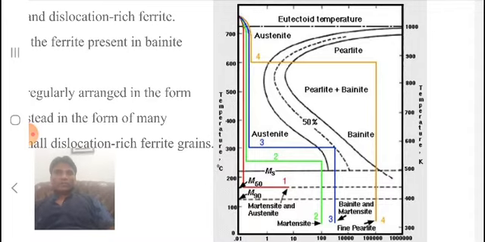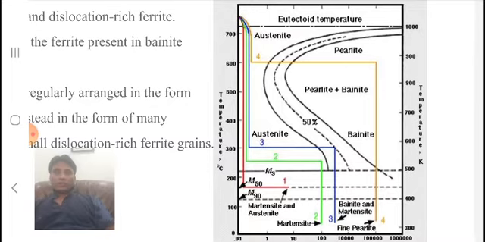So the main advantage of this is we can reduce the annealing time. Usually, cooling the steel in the furnace itself will take almost 2 to 3 days sometimes.